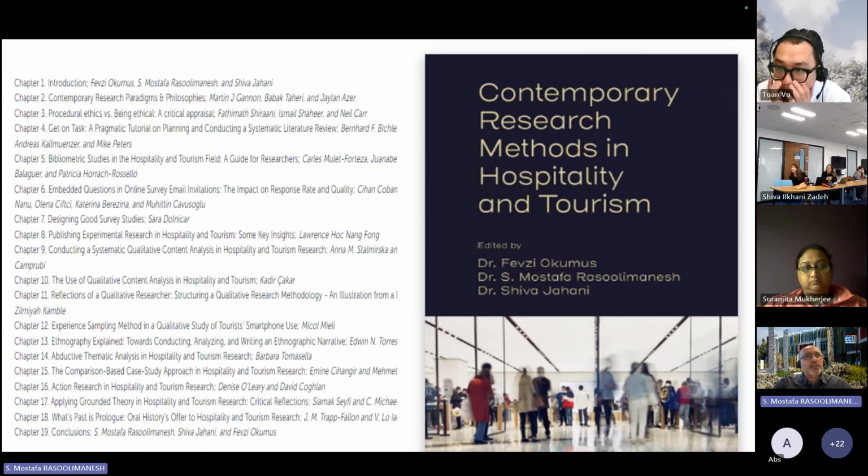The first one is Contemporary Research Methods, where we mainly focus on basic quantitative and qualitative research methods that can be applied in tourism and hospitality, and also business and wider disciplines.